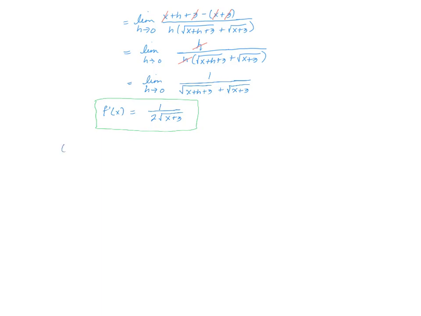So in part B, the question is, for what x is there a horizontal tangent line, if any? So think about this. If a line is horizontal, that means the slope is equal to 0. And the slope is equal to the derivative.